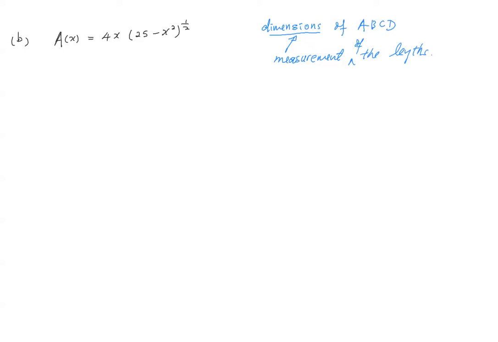So in rectangle, you have two lengths. That is the width, and this one you can call it length or whichever side you like. So you must tell me what is AB and what is BC.